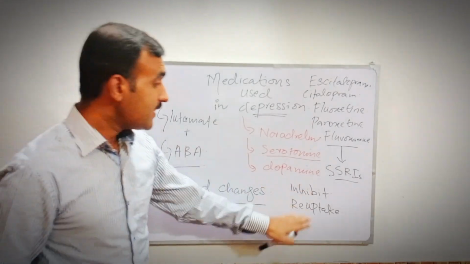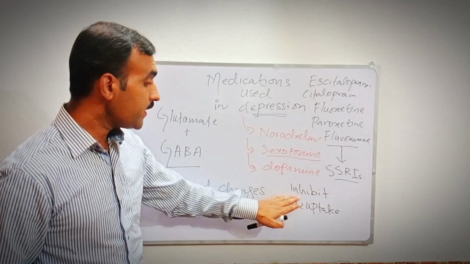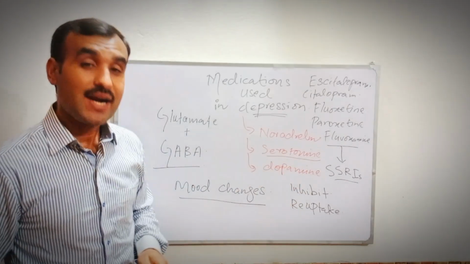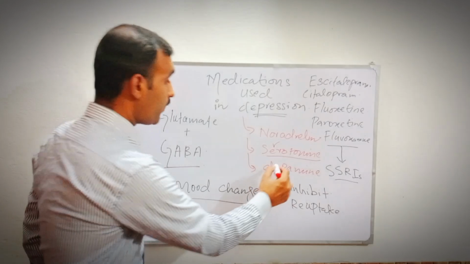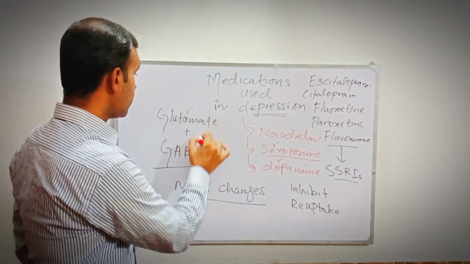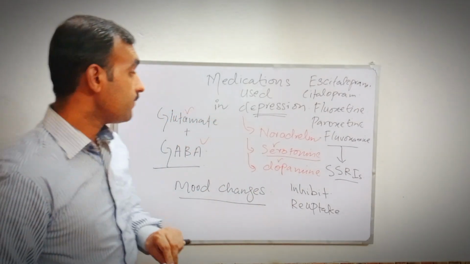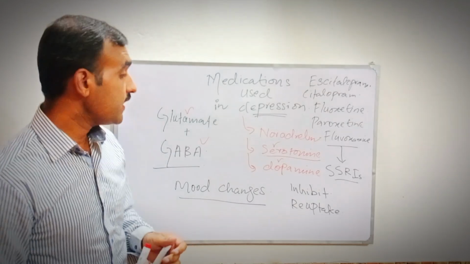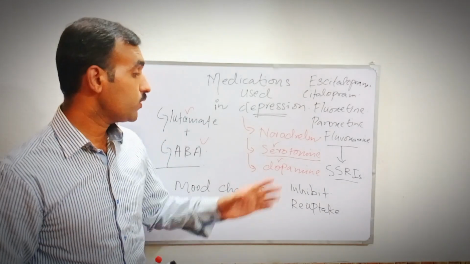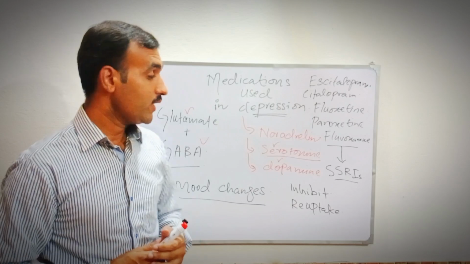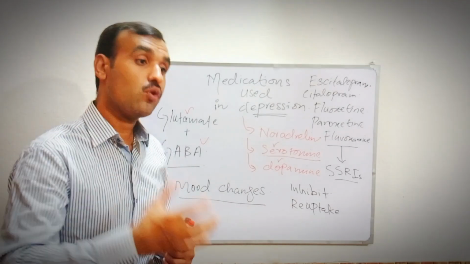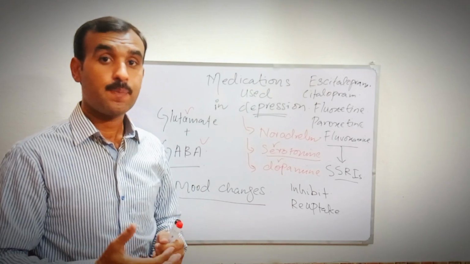Now, when these drugs inhibit the reuptake of serotonin, ultimately the serotonin or dopamine or glutamate or GABA level will be increased inside the human brain. So the person will feel relaxed, and will take more and more interest in activities.